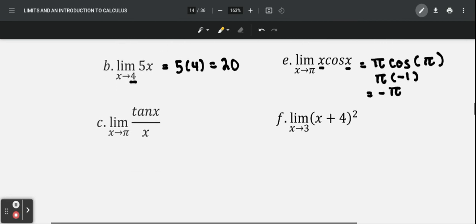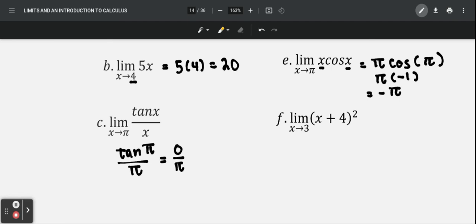For C, we plug in a pi, so we have the tangent of pi over pi. Tangent of pi is 0, so you get 0 over pi, which just gives you 0. And then for F, we would have 3 plus 4 squared. So you would have 7 squared, which would give you 49.